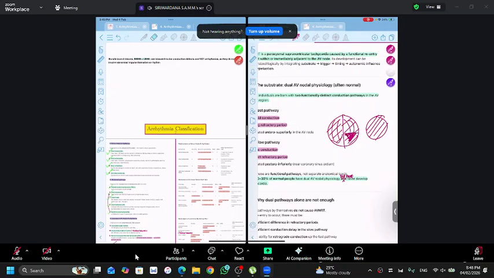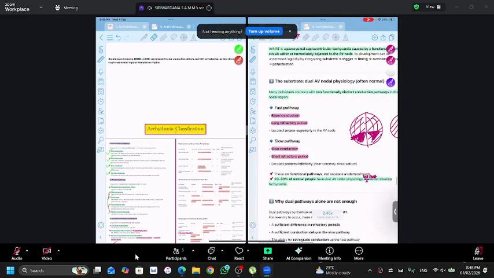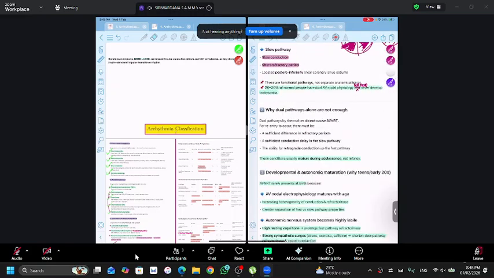This occurs naturally in 20 to 30% of people. Then you have the conditions fulfilled: the fast pathway has rapid conduction and a long refractory period, and the slow pathway has slow conduction and a short refractory period.